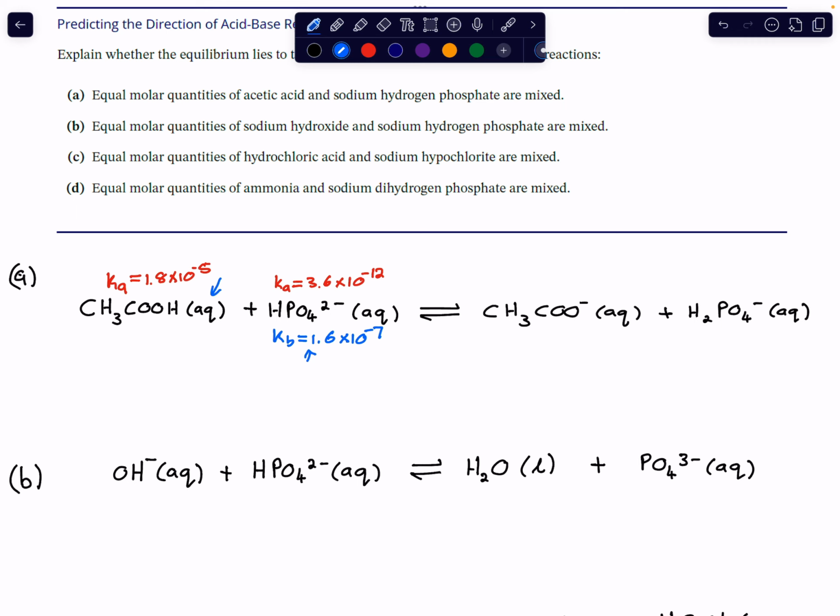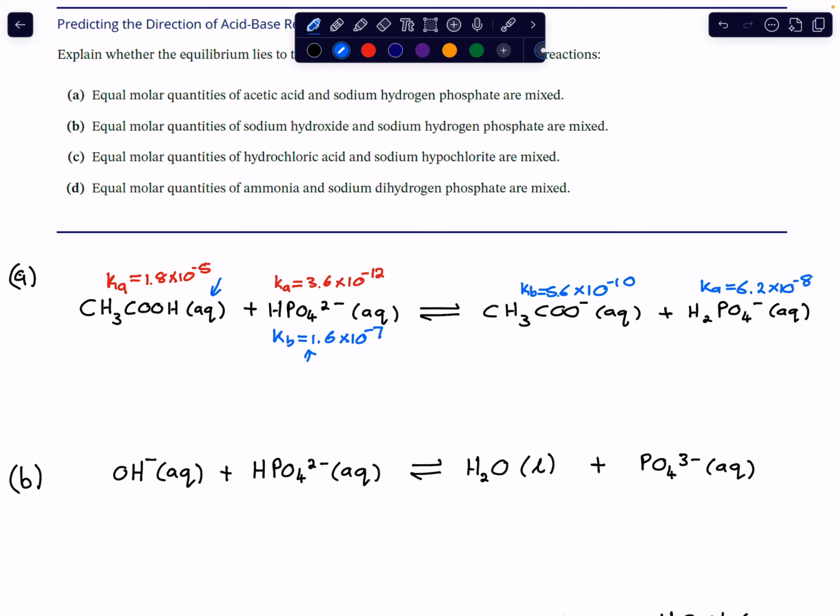They then form an equilibrium on the right-hand side. The acetic acid forms a conjugate base, and its Kb equals 5.6 times 10 to the negative 10. And the Ka of the dihydrogen phosphate is 6.2 times 10 to the negative 8.